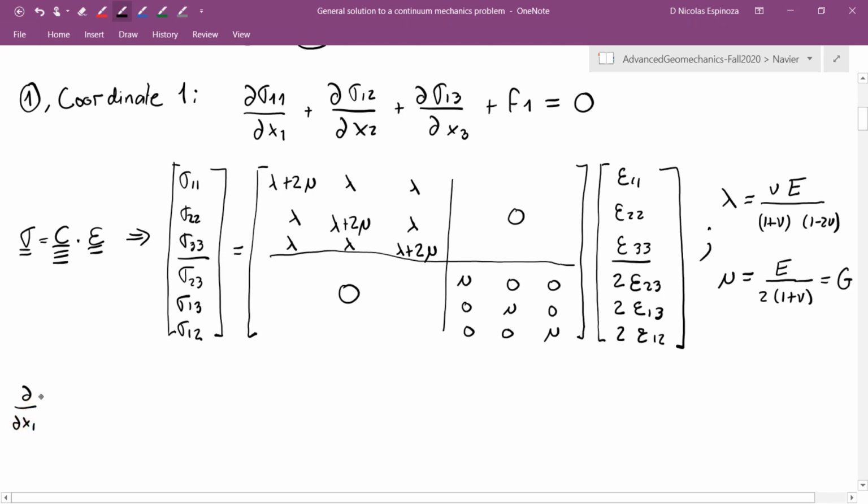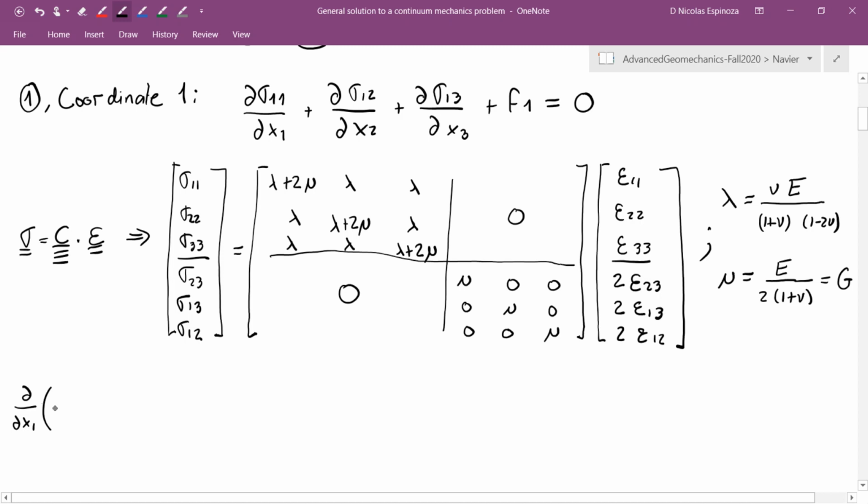Sigma 11, as you can see from the matrix, is going to be lambda plus 2 times the shear modulus times epsilon 11 plus lambda times epsilon 22 plus lambda times epsilon 33 and nothing else, because these are going to be all zeros. That's going to be sigma 11.